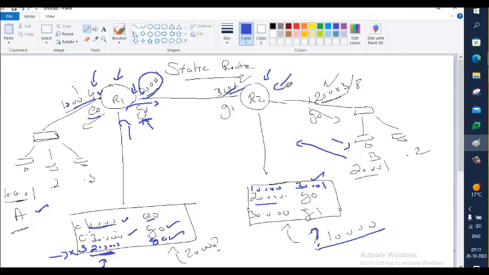It belongs to R2. See, in R2, 20 has come dynamically because you have configured an IP address called 20.0.0.3 and 30.0.0.2. Only these two networks will come in dynamically. You should not get confused with the two dynamics. One is dynamic routing protocol.